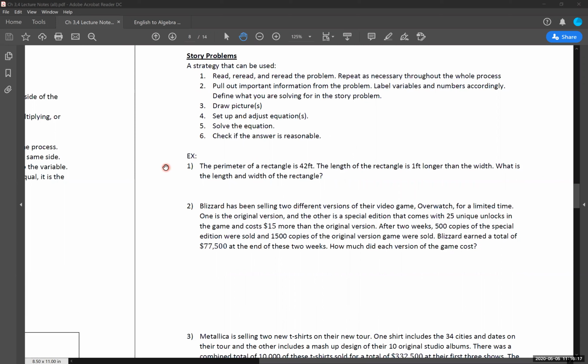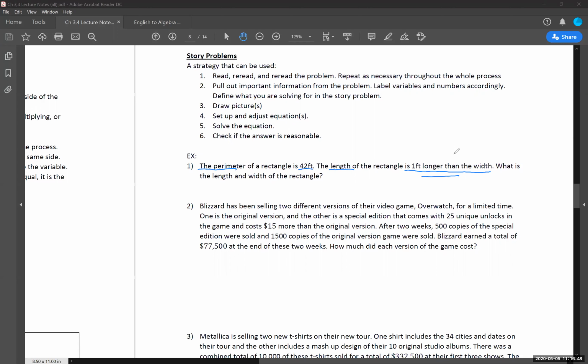As we're going through this, we are going to be going over to the other whiteboard to work with some of this other information. But we're trying to see, are there any buzzwords or anything particularly useful that's standing out to us? Well, we're told something about the perimeter. We're told the length is 1 foot longer than the width. There are some buzzwords in there, longer than, so it's probably going to come in handy.